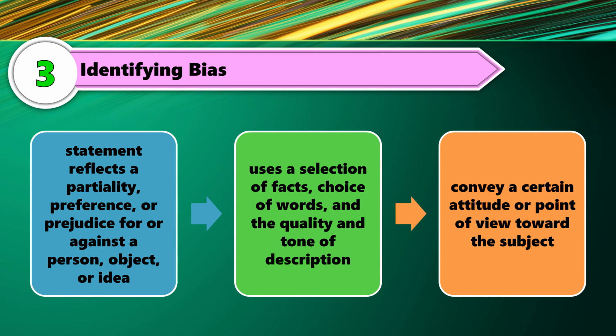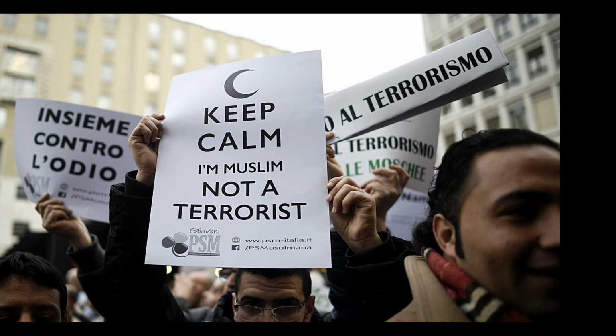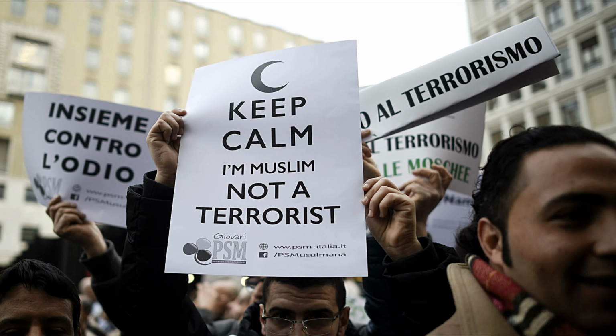It also conveys a certain attitude or point of view towards the subject. Take for example our biases against Muslims. When we see Muslims, we think of them as terrorists, when in fact some of them are also victims of terrorism in their own country.